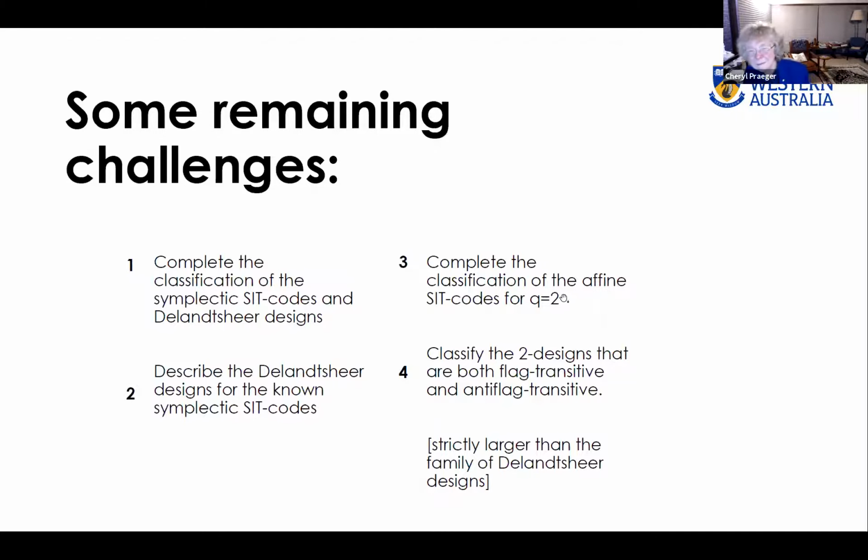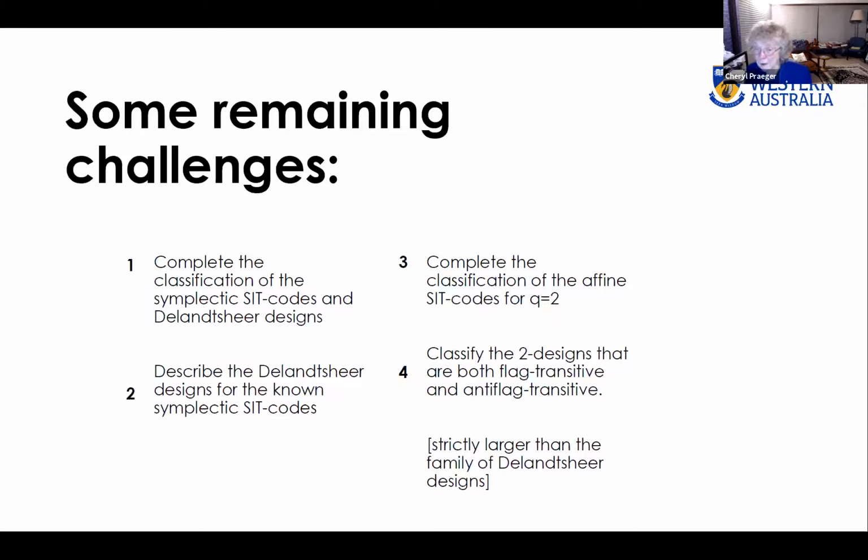It would be lovely to complete the proper classification description of the affine codes. And come to think of it, Delandtsheer designs are more than being flag transitive and anti-flag transitive. Maybe it's possible to classify the 2-designs which are both flag transitive and anti-flag transitive.